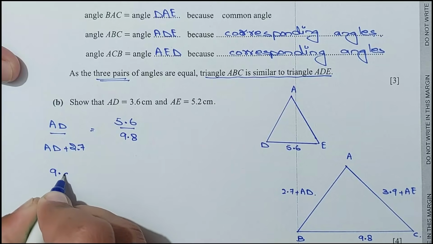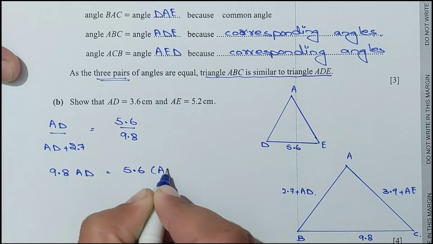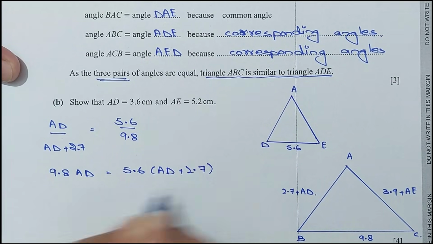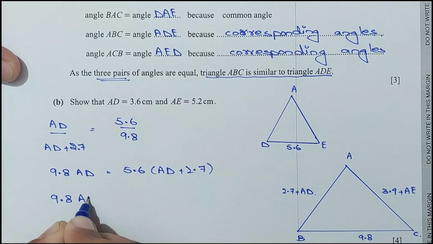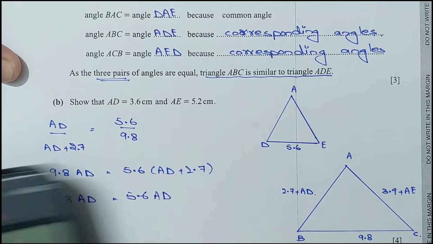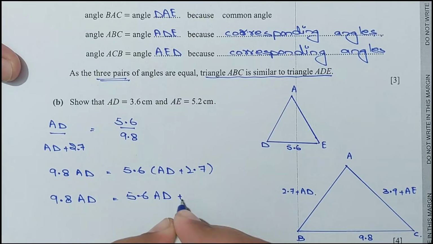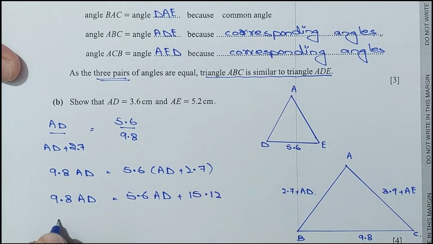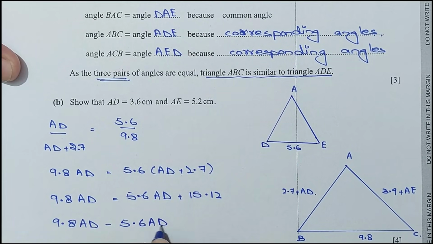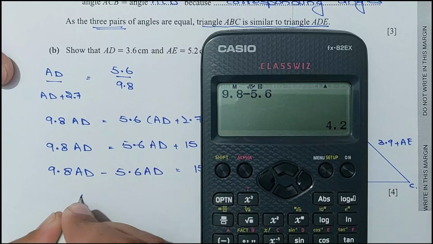Cross multiplication: 9.8 AD equals 5.6 times AD plus 2.7. So 9.8 AD equals 5.6 AD plus 5.6 times 2.7, which is 15.12. So 9.8 AD minus 5.6 AD is 15.12. Subtracting 5.6 from 9.8, this would be 4.2 AD.